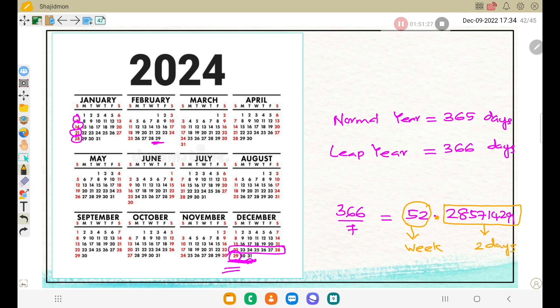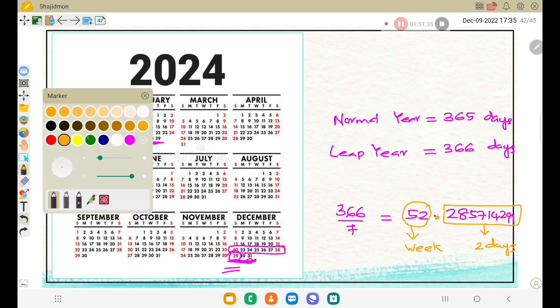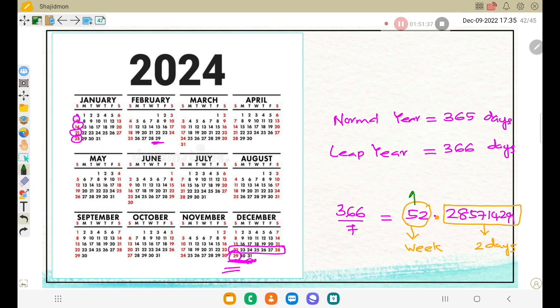For example, you can understand it like this. 52 weeks means 52 multiplied by 7, that means 364 days. Plus 2 days extra. So how many days will we get in total? 364 plus 2 means 366 days.